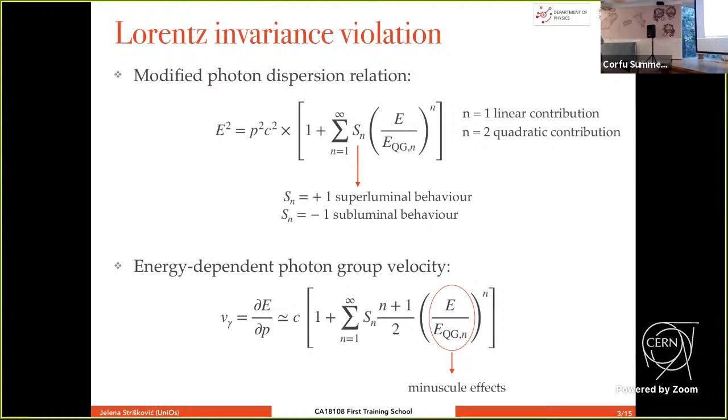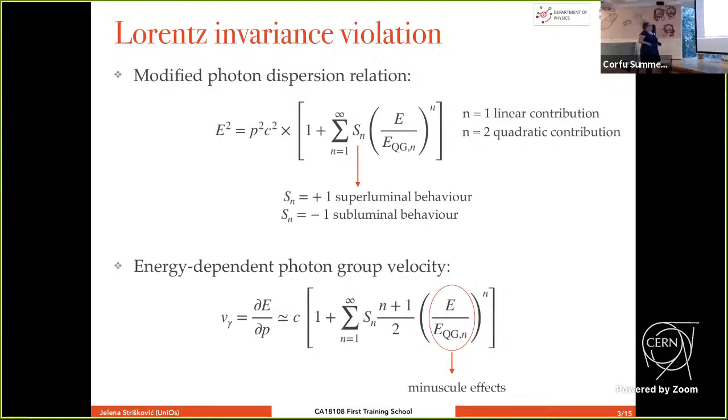But it can also have values between 0 and 1. So it can have values of 0.7, for example. In that case, we are entering a world of fractal geometry. And this is something that I would like to know if someone is working on, because I would like to know, can I test it and how can I test it with my experiment? So if someone is doing that, please tell me.